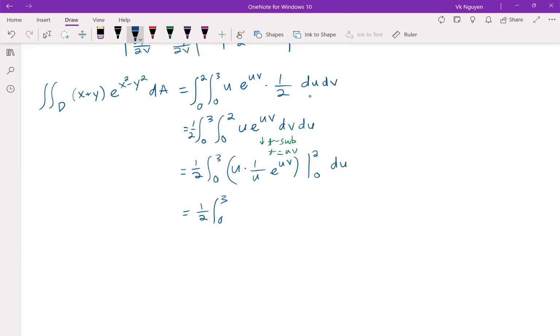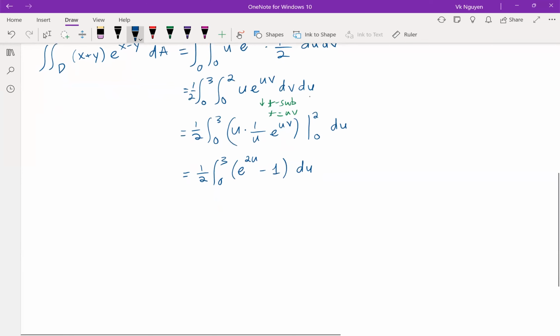Okay, so sub in 2, it's going to be e to the 2u minus e to the 0, which is 1, du. It's better now.